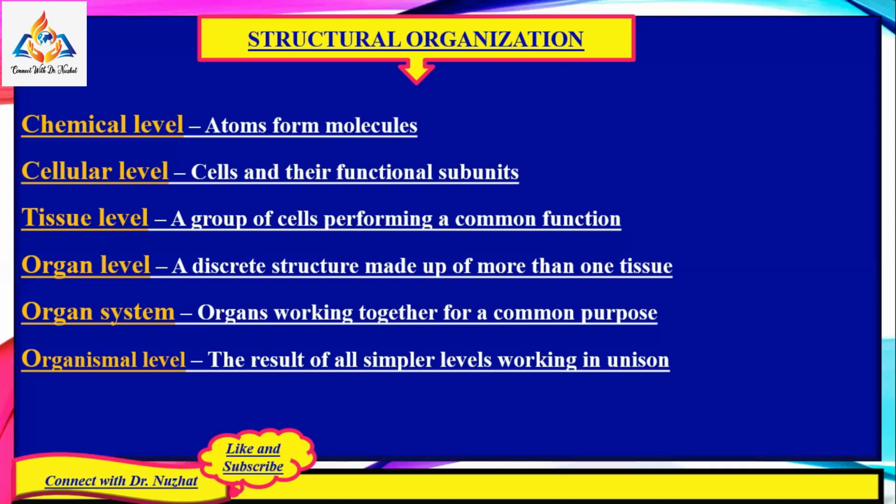Third level is the tissue level of organization. Consists of a group of cells that work together to accomplish one or more specific functions. There are only 4 distinct types of tissues in an adult human. The organ system level of organization is when 2 or more organs work together for a specific function.